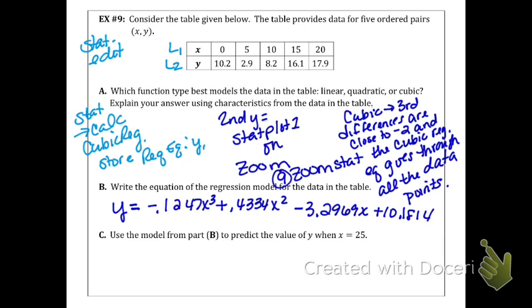And then C says use the model from part B to predict the value of y when x is 25. Go to your table. Go find when x is 25, and you'll find that it's at 3.86.